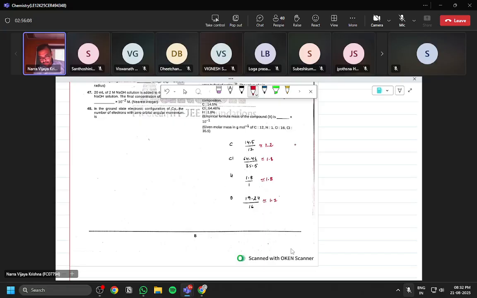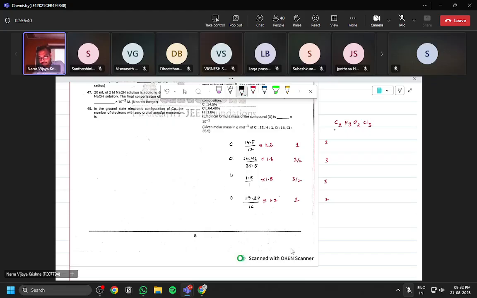So this becomes 1. 1.8 by 1.2 is 3 by 2, 3 by 2, and 1. Multiply all of them by 2. So 2, 3, 3, 2. So C2, H3, O2, Cl3.